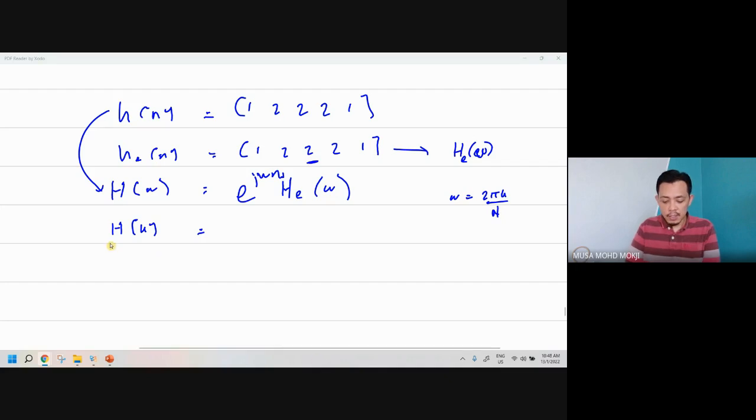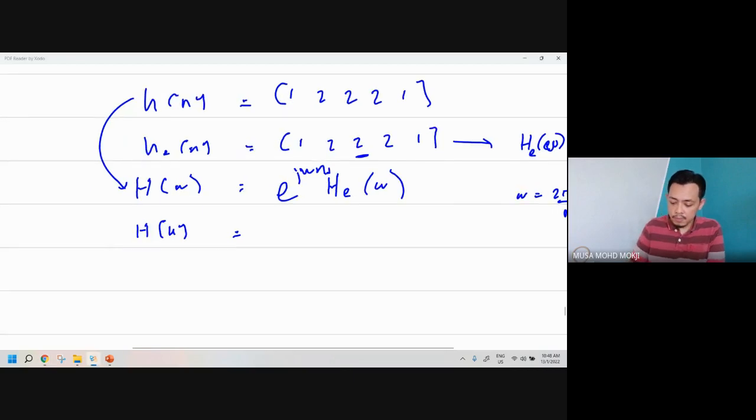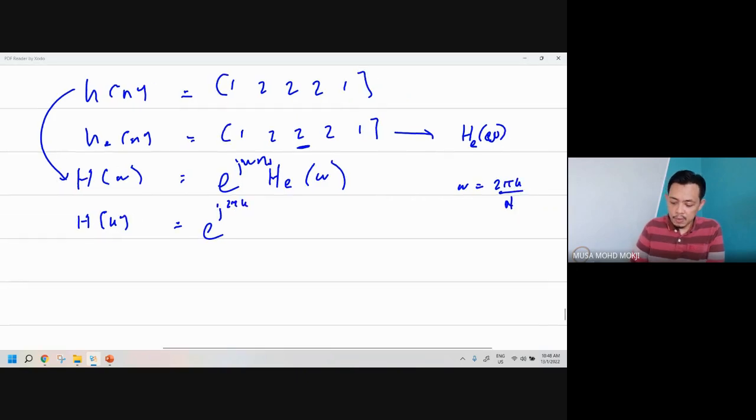If this is Hk instead of omega, what is omega? Omega is 2 pi k over n. So you just replace everything. So this is e to the j 2 pi k over n multiplied by nd.